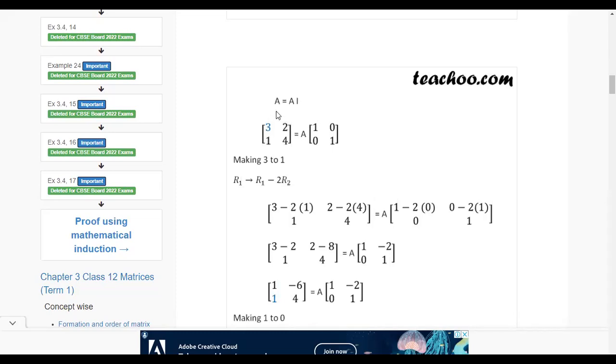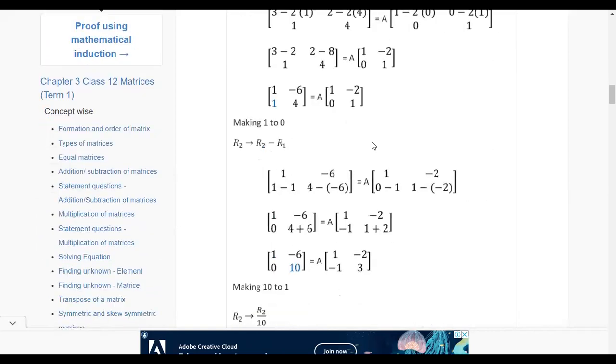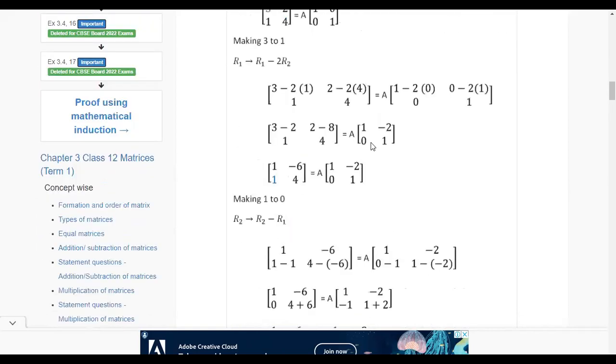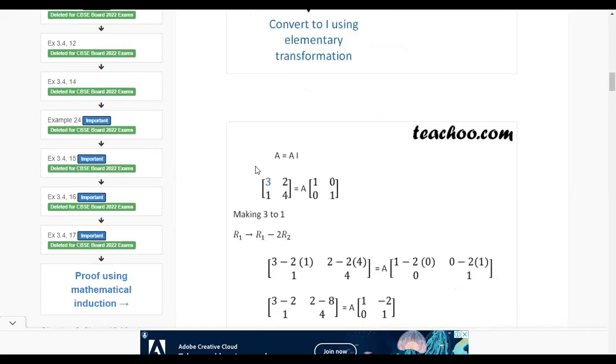If you want to find the inverse, first you have to take the matrix and transform it into an identity matrix. So what you have to do is write A equals AI.